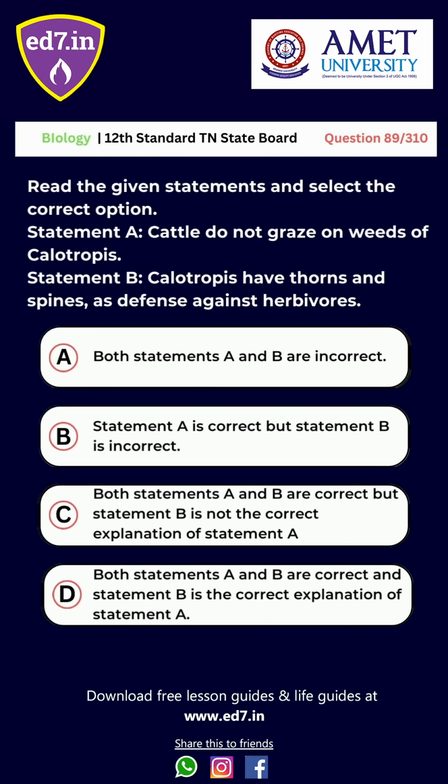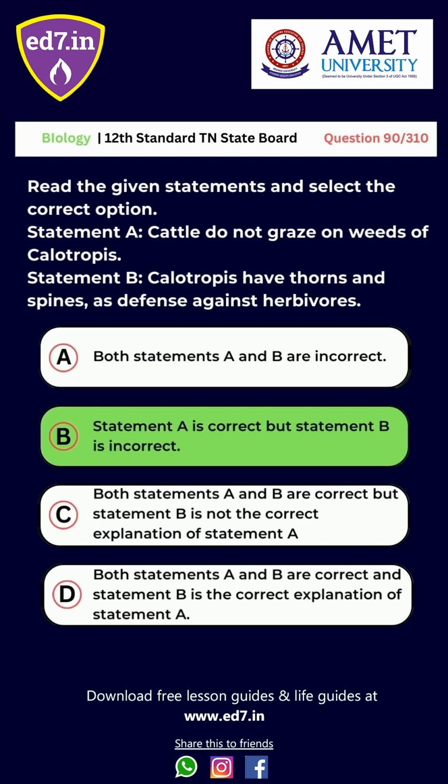C. Both statements A and B are correct, but statement B is not the correct explanation of statement A. D. Both statements A and B are correct and statement B is the correct explanation of statement A. And the right answer is option B. Statement A is correct, but statement B is incorrect.